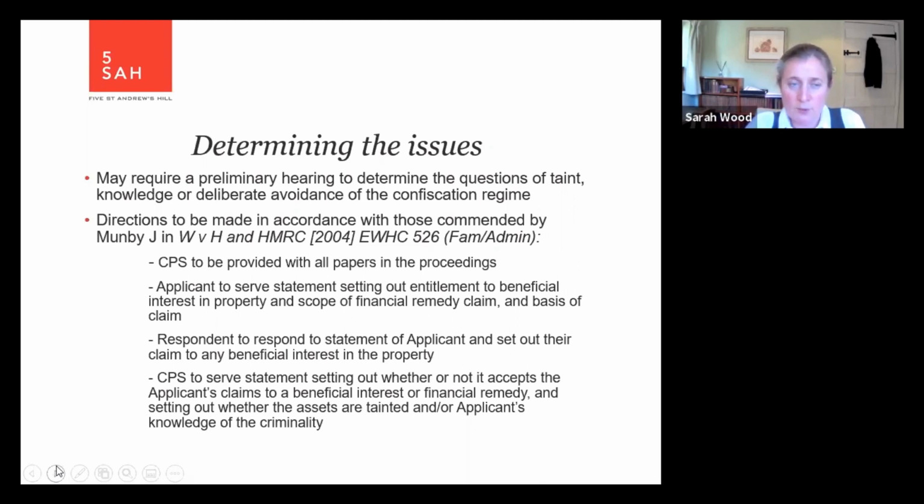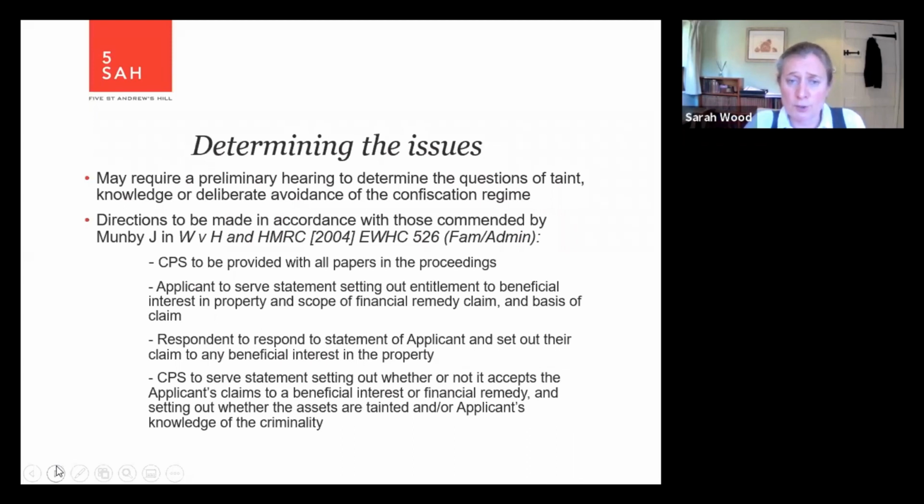The CPS at that stage are likely to be considering whether a preliminary hearing is going to be necessary in due course further down the line to determine the questions that we've looked at: whether the assets are tainted, whether the wife knew, or whether the family proceedings are being used to deliberately put the assets beyond the reach of the confiscation regime. But in order to determine whether that preliminary hearing is going to be necessary, there needs to be service of evidence in order for the parties to consider where the case is going.